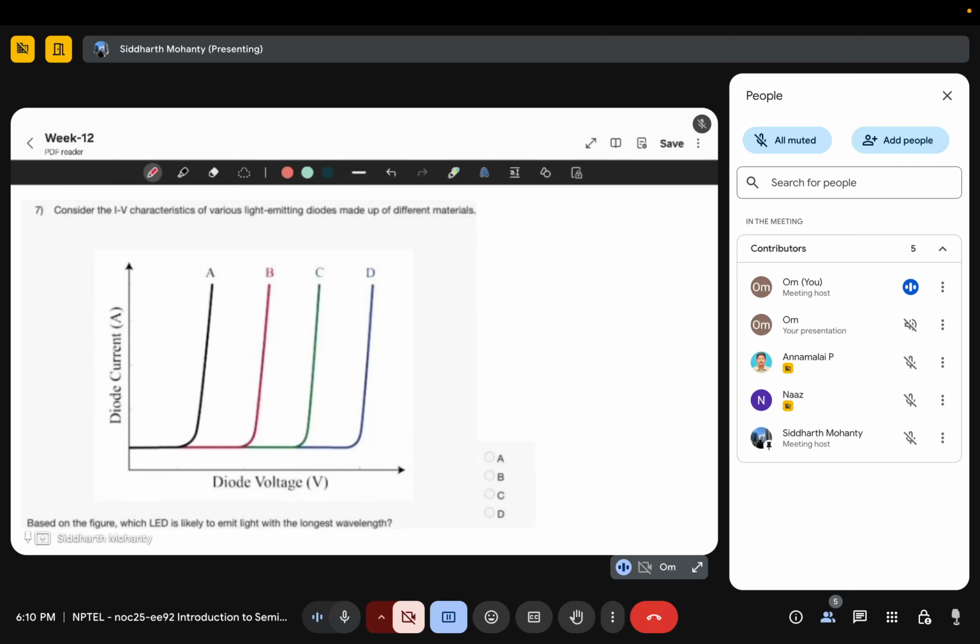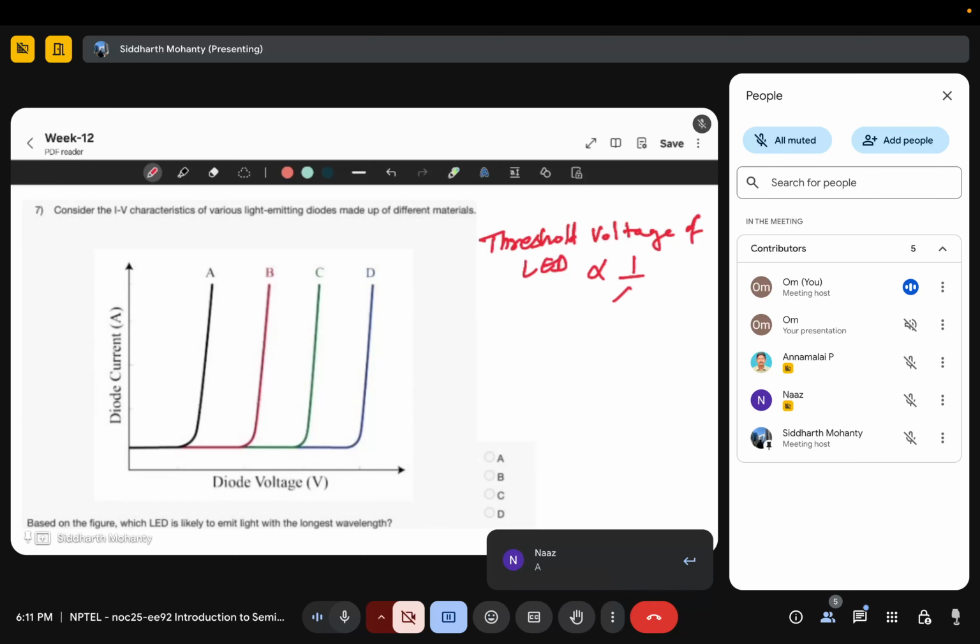So what is the answer to this question? We know that the threshold voltage of LED is proportional to 1 by lambda. So Eg is proportional to 1 by lambda. It's proportional to VT.